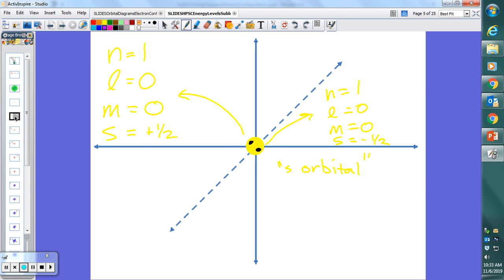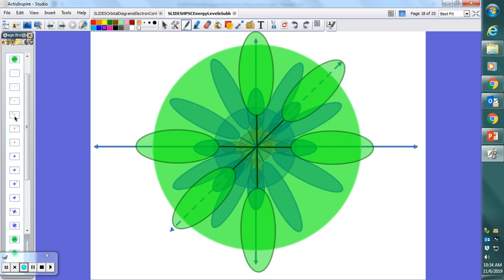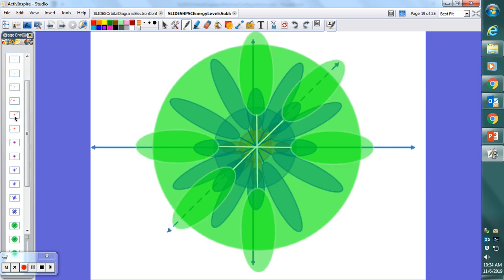It shows like each orbital can only hold 2 electrons. It shows that there's a maximum number of electrons that each orbital can hold, right? And Sam, what is that maximum number that each orbital can hold? How many electrons can each orbital hold? 2. Just 2, right? So each one of these shapes that we've drawn over the past 4 days or whatever it's been, right? Each one of these shapes can only hold 2 electrons, all right?